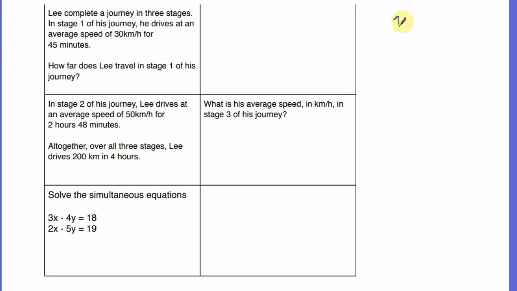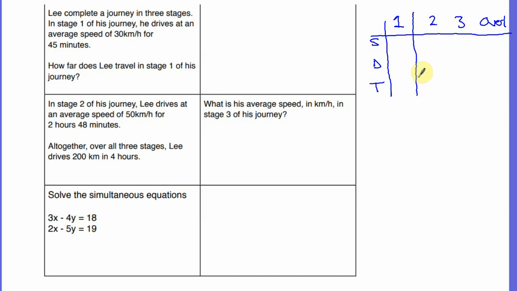So this is stage 1, stage 2, stage 3, and an overall column. And then I'm going to have my speed, my distance, and my time. So separate all of them out and make yourself a nice little two-way table where we can fill in values as we find them, and it makes it a lot easier to manage what you've actually found and what we can find.